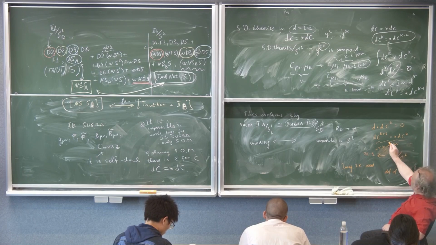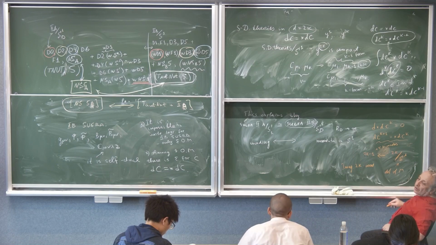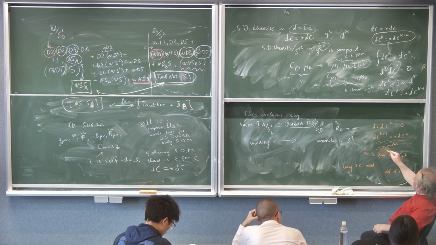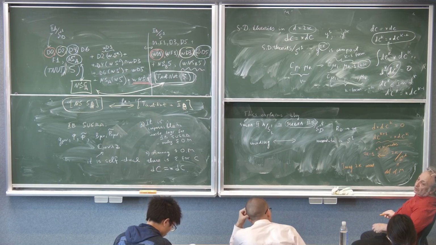So if we ignore this closed line mode, we are actually getting the 2k minus 1 dimensional theory. But if we keep track of this closed line mode, we are getting something more interesting.